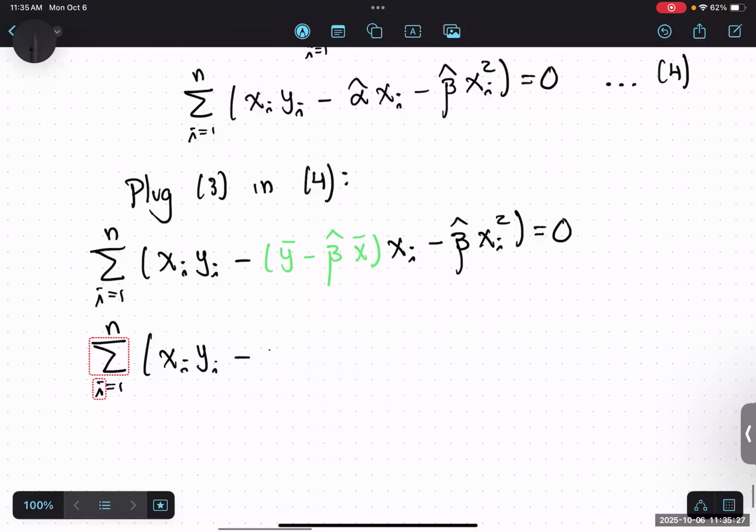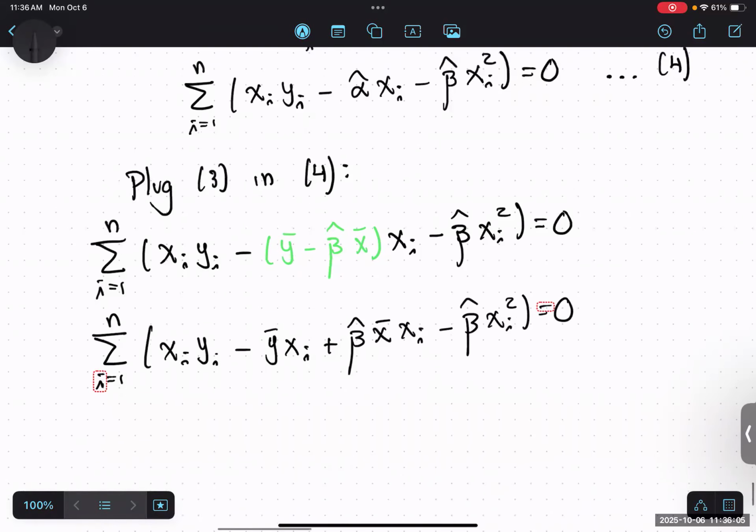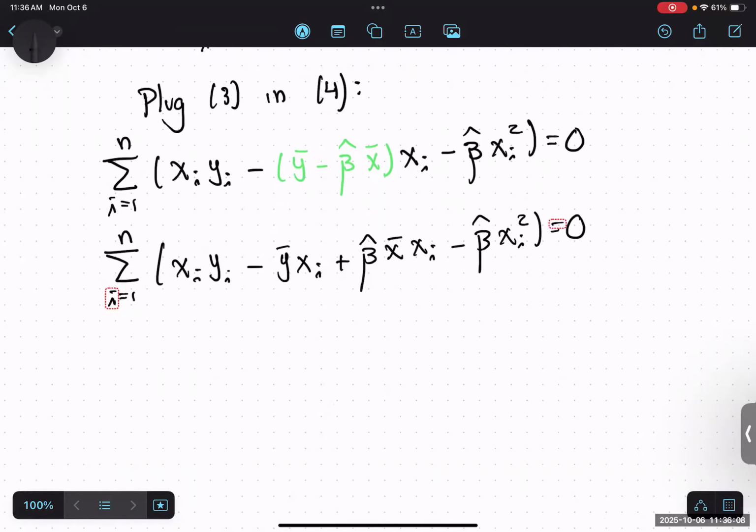And now what we have is y bar xi plus beta hat x bar xi minus beta hat xi squared equals 0. So you see, it's just algebra, right? The only trick is to follow, it's not really a trick, no, but the suggestion is to follow an order. And you can do it in any order you want, but I think this is, to me, like the easiest way to proceed.